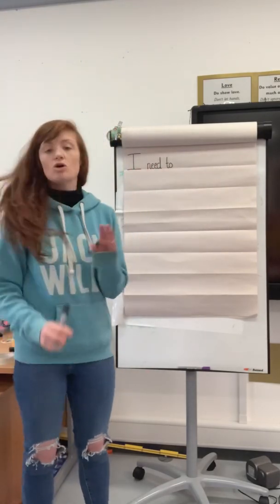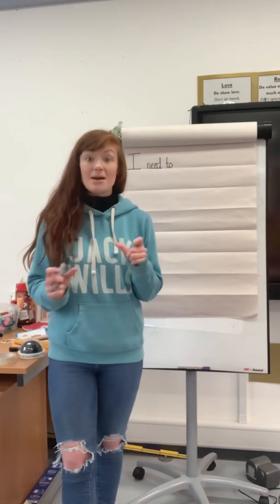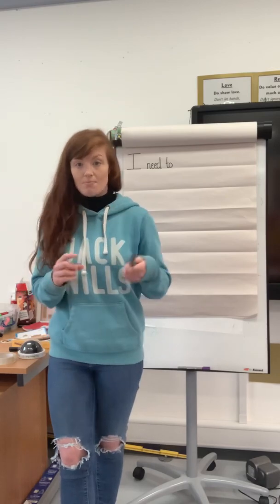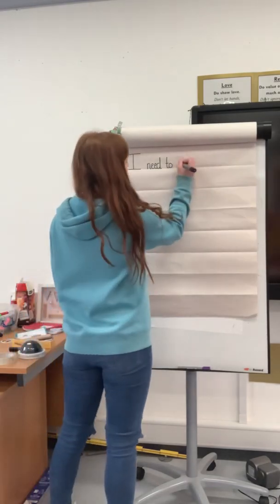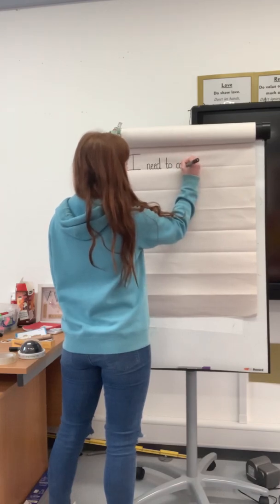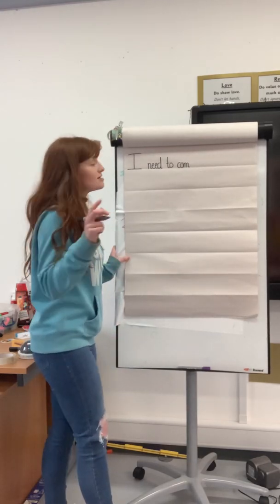I need to complete. So complete was one of the words that we segmented and blended together. So remember, we split it into its syllables, com and then pleat. So let's try the com first. C-O-M. And then the second syllable, still part of the same word, there's no finger spaces, pleat.